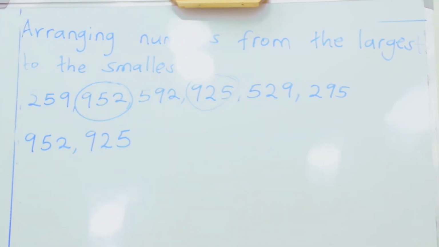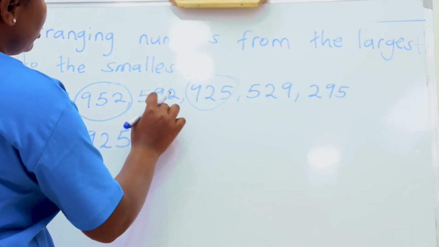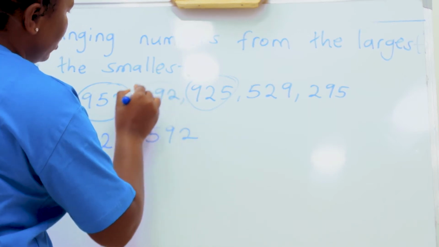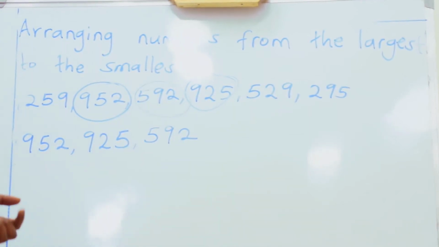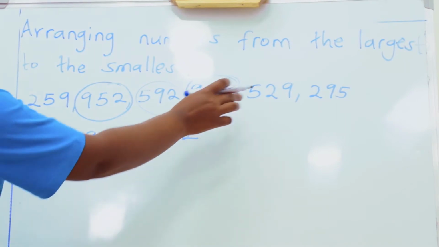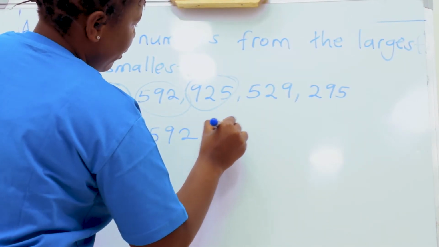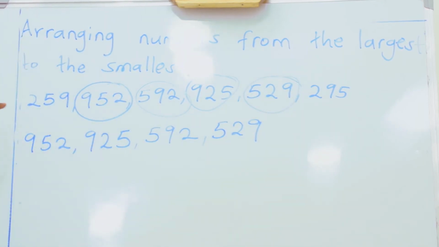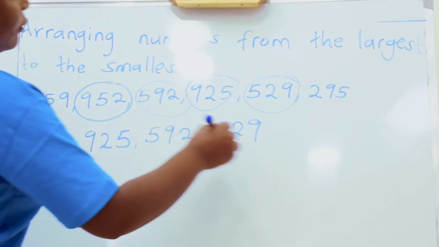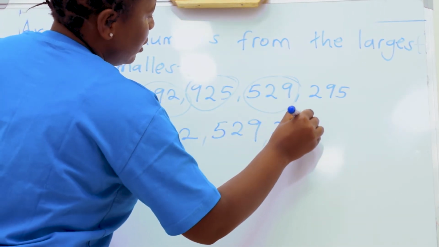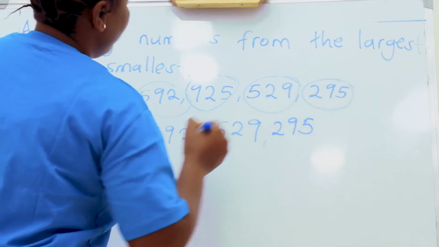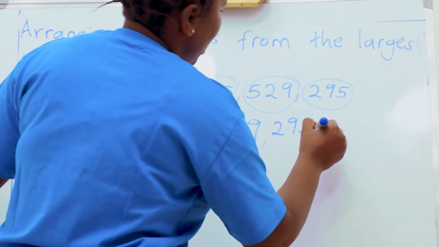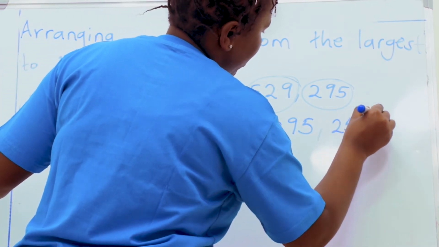Again, I look at another bigger number, which is 592. I circle it. I'm done with it. Followed by 529, followed by 295, and the smallest number is 259.